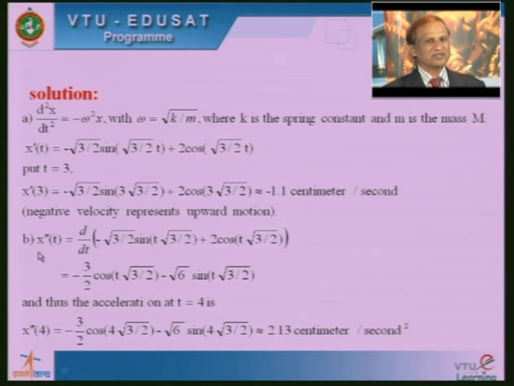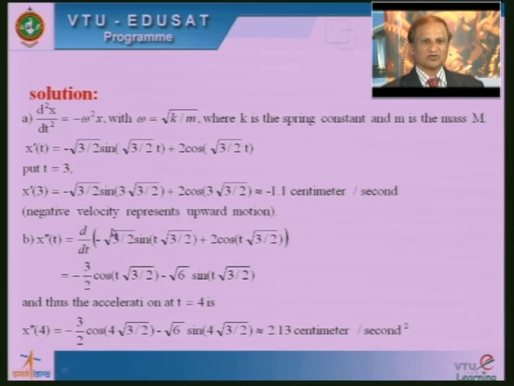Now, how are we going to calculate x double prime of t, which is d by dt of the same expression I have written? The constant stays, and the derivative of sine t is just like sine a into t, so we get minus 3 by 2 cos of a t. How do we get 3 by 2?